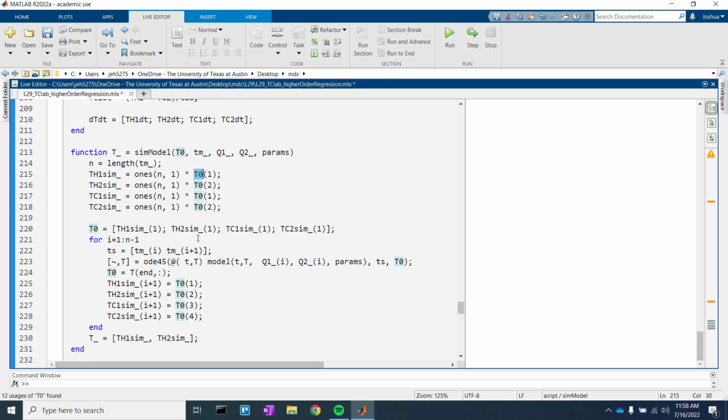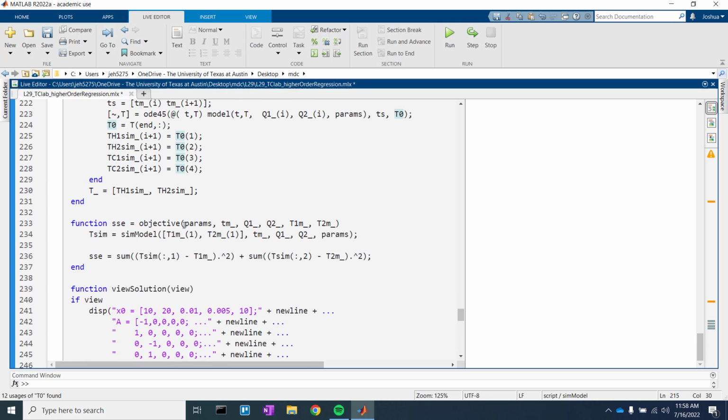Okay, so where's our objective function? We give it our first times and our simulated one. Alright, so C is the difference between the two squared. That makes sense. So instead of the first measured one, let's just set it to the second one.